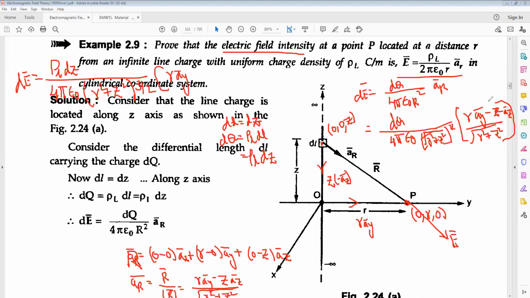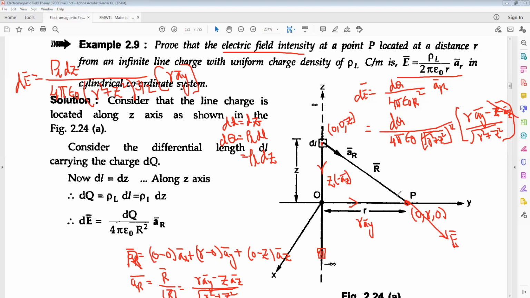We are eliminating the z component here because the charge is uniformly and symmetrically distributed on the z axis, and there is also a differential length you can assume, so both get cancelled. So we are eliminating the z component, leaving r into ay bar.